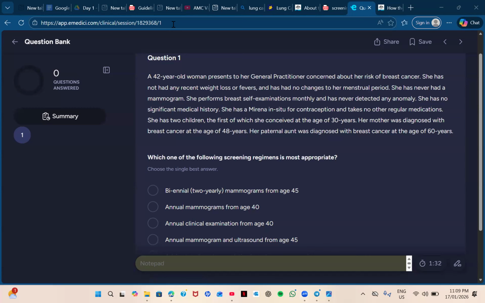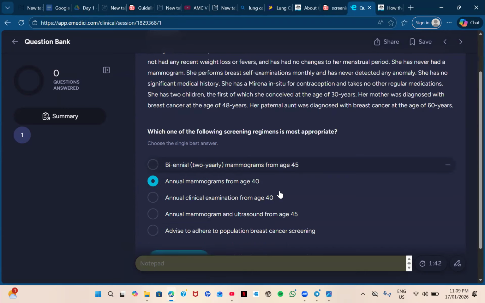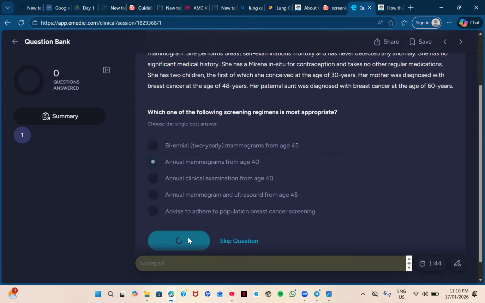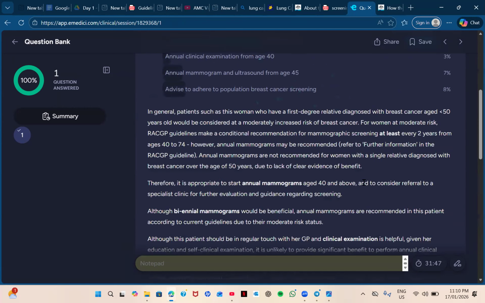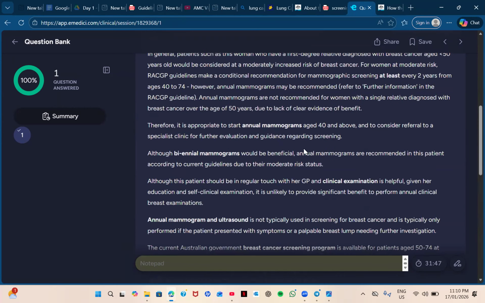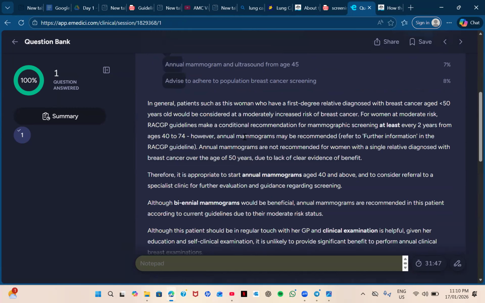So, what do you think? Yeah, let's check. B. Yeah, in here they have mentioned the same thing. Okay, at least every 2 years from the age 40 to 74. However, annual mammogram may be recommended. Because they mention at least every 2 years, best annual mammogram.